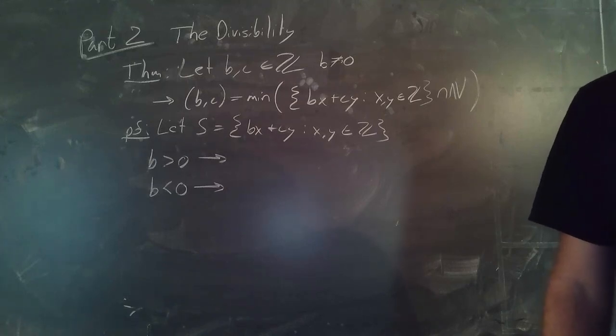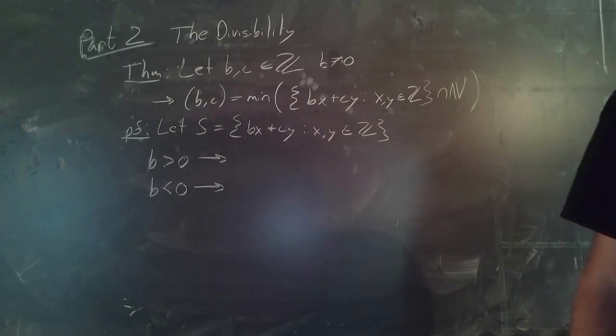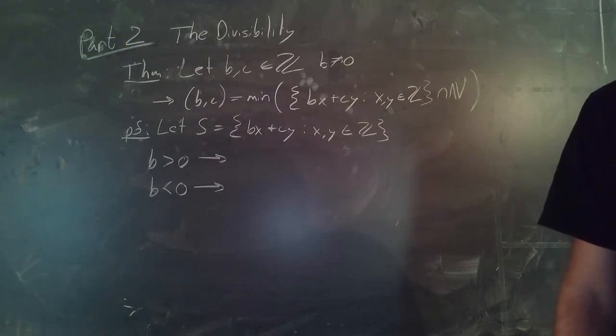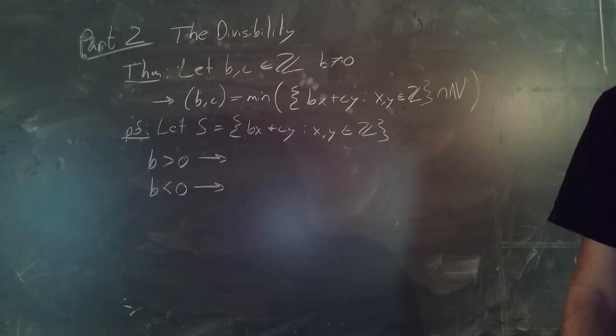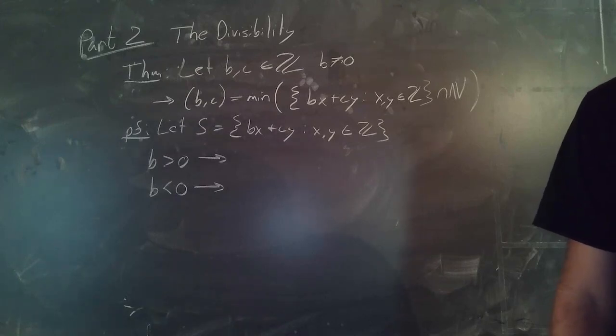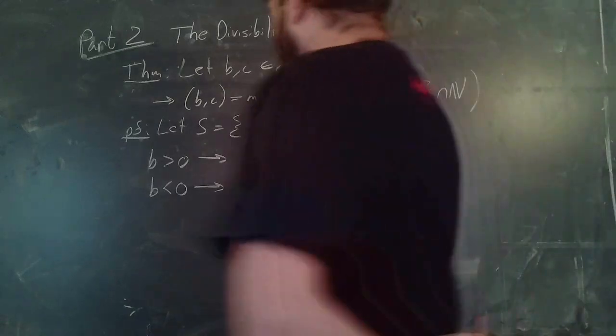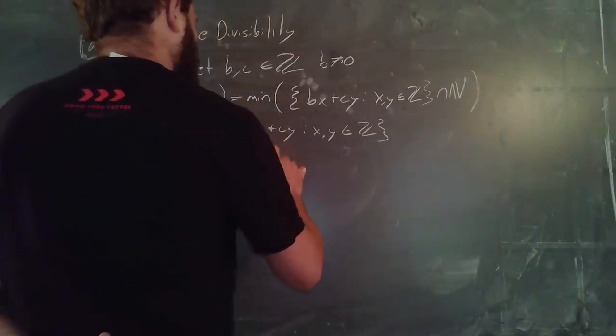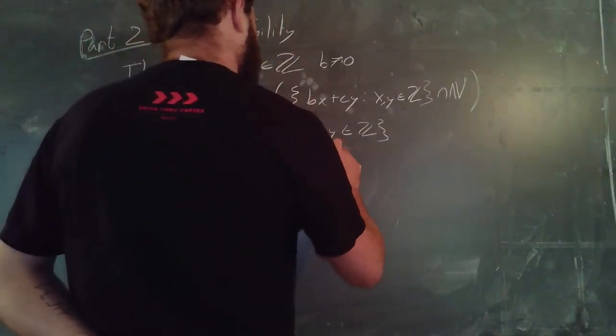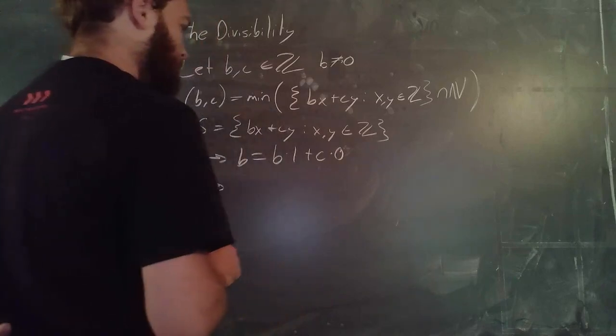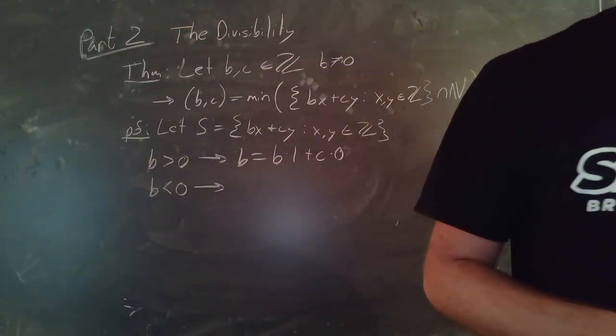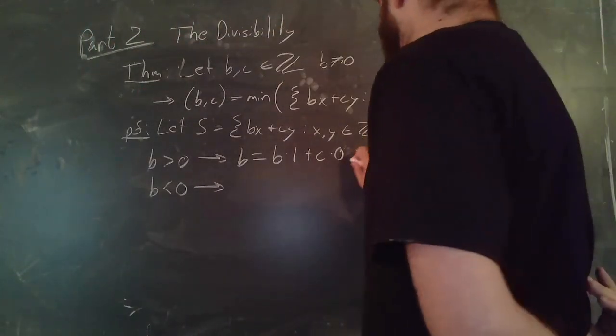And there's a couple of cases that can happen here. Note that b cannot equal 0 by the theorem. So the only two cases we need to consider are the first one where b is greater than 0 and the second one where b is less than 0. If b is greater than 0, then b equals b times 1 plus c times 0, which is a positive element, b.